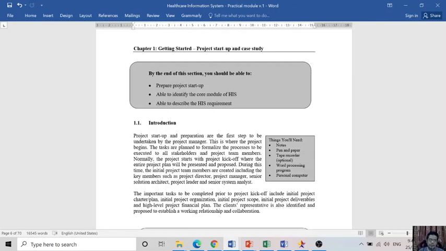Normally we create a project team. We ask you to find suitable team members, and then you name your group, and then you create the organization structure.